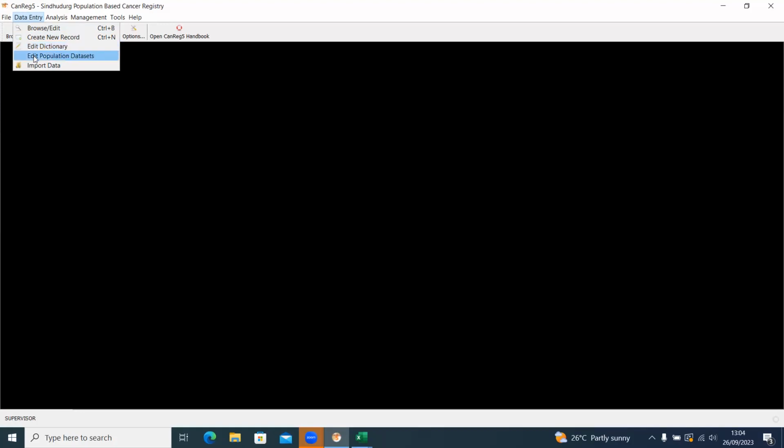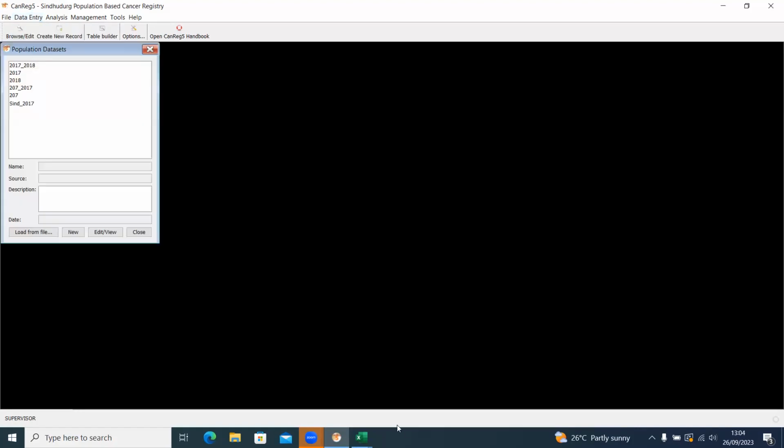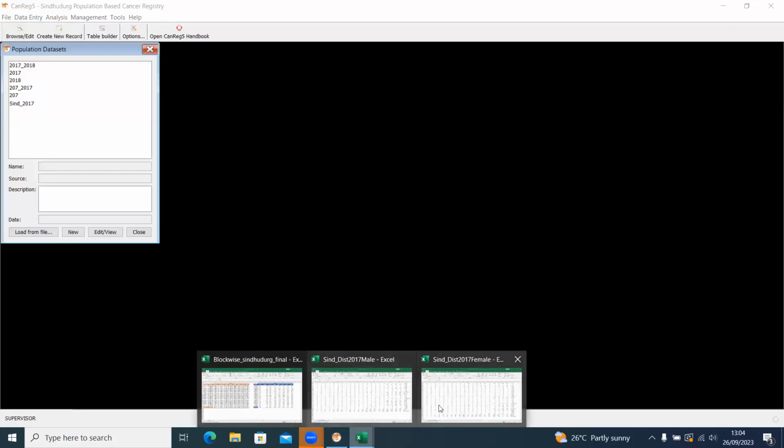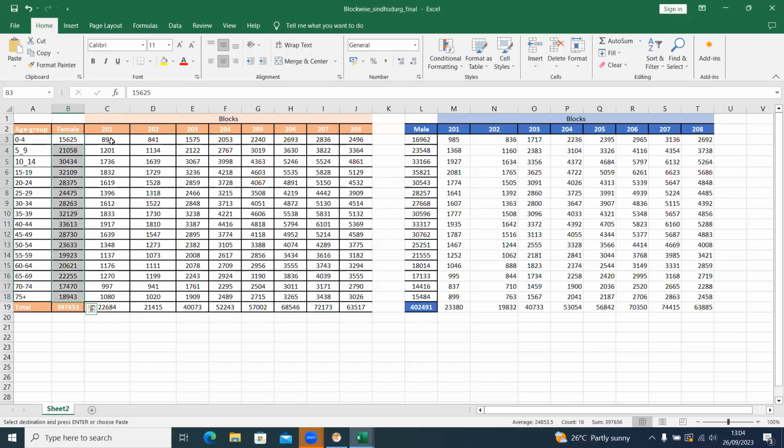So when we are calculating incidence rates, right now I'm having an Excel sheet in which I have the block population. So I have for block number 201 the population for females and males. Because this is a dummy data set, I'll just check for which block the data is available. So I'll check for maybe 207.